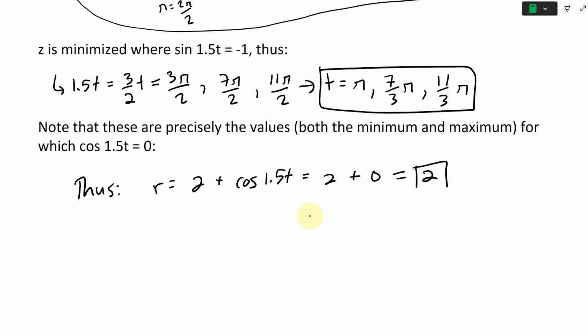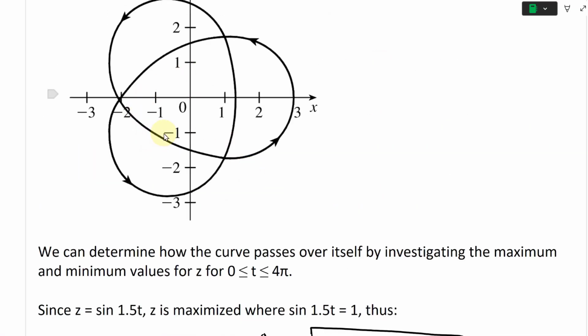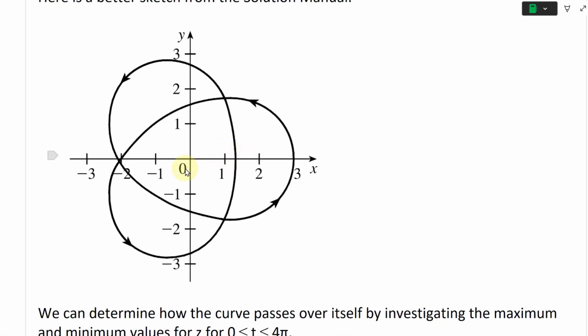So at the minimum or maximum of the curve in the z-axis, the distance from the origin of the polar equation, that's of the projection onto the xy plane, is 2.